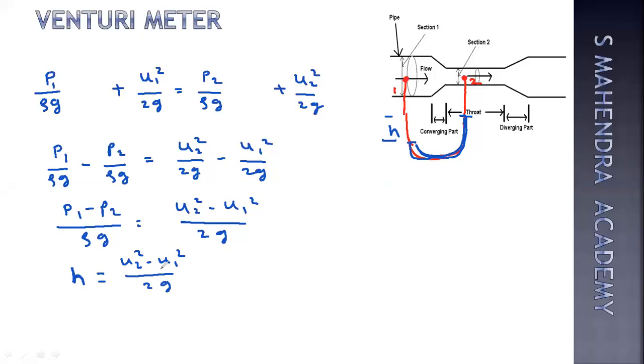Now we know that from the continuity equation, the flow rate of the fluid passing through the venturimeter is the same. Therefore, we can write the continuity equation between these 2 points as A1 U1 is equal to A2 U2.